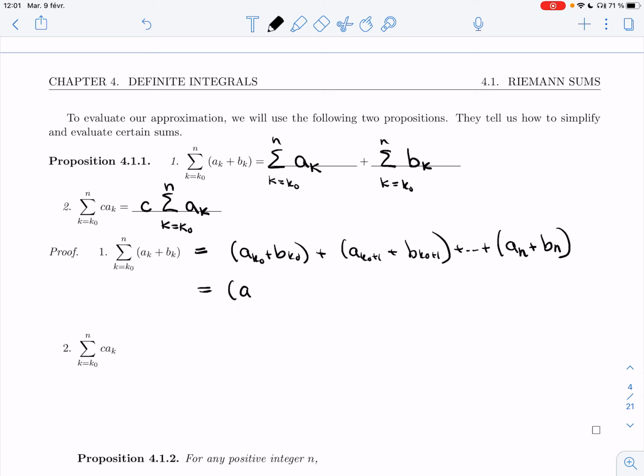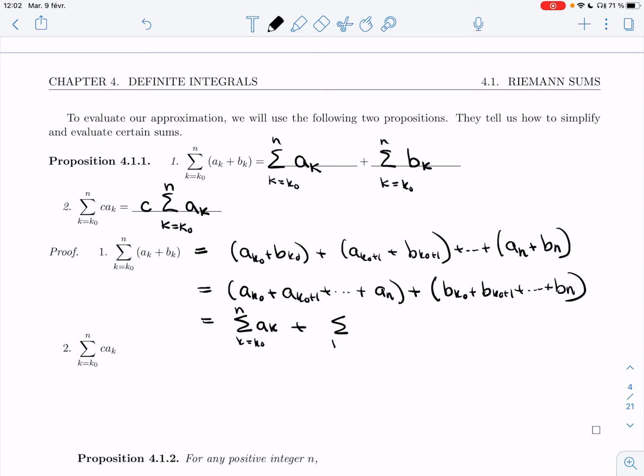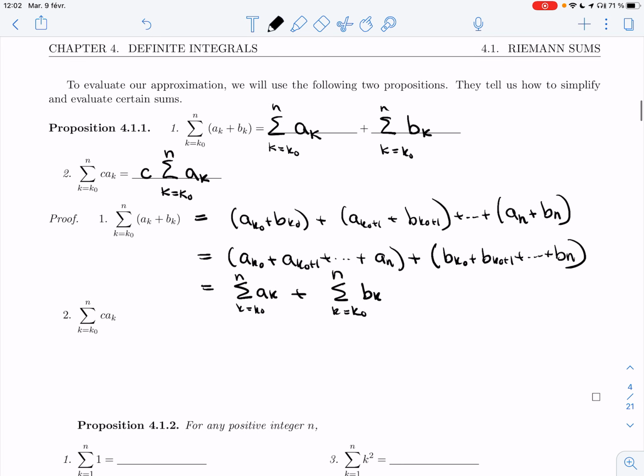So I will get A_k0, A_k0 plus 1, up to A_n, and then I'm going to have the B's afterwards. So this first sum is the sum of A_k, and the second one is the sum of B_k. All right, let's do the same for the next one. So I do get the sum of the A_k's plus the sum of the B_k's.